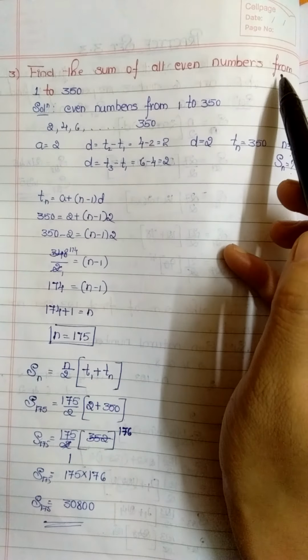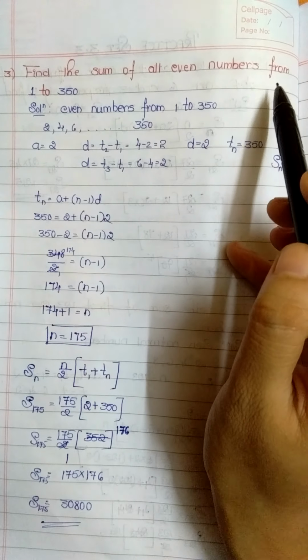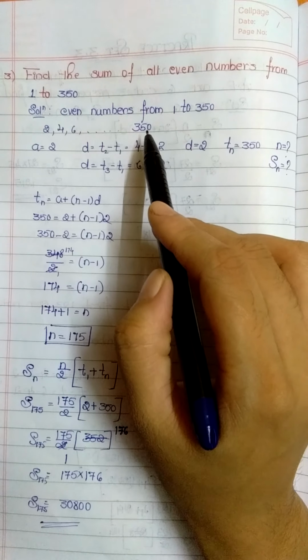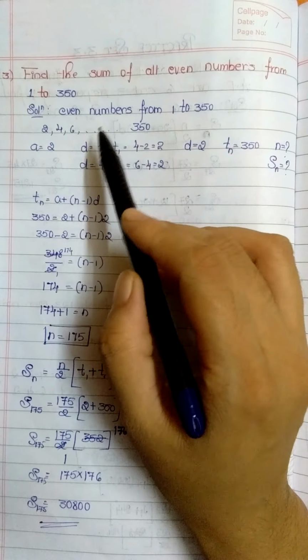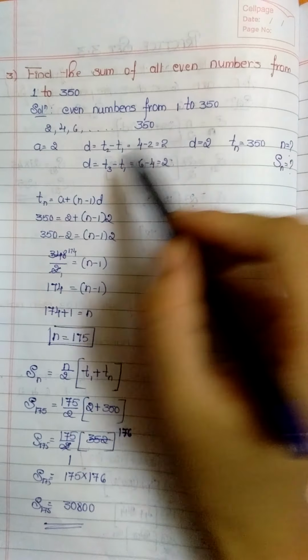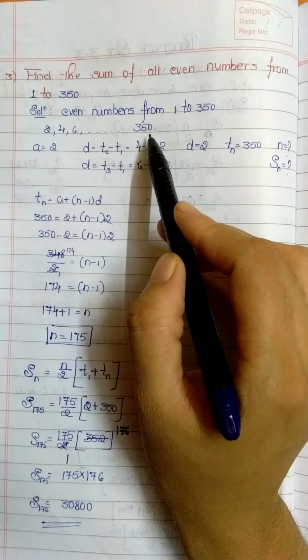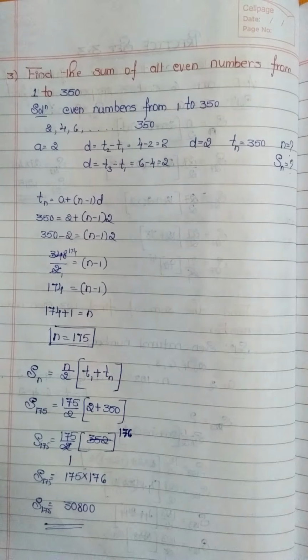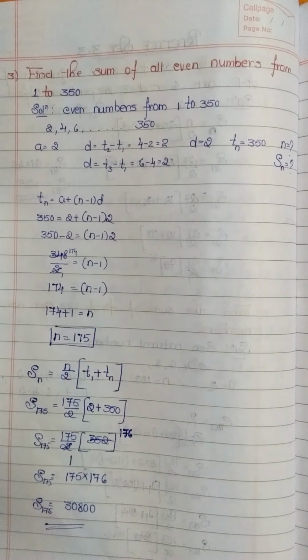But here it's not between 1 and 350. Here it is from 1 to 350. That's why we are using 350. If it is between, then that answer is correct, because 2 to 348 we have to use. So this is the right answer for this question, 30,800. So let's move on to question number 4.